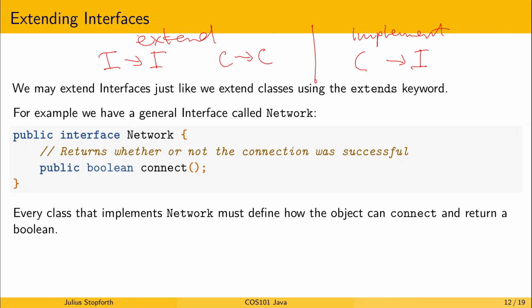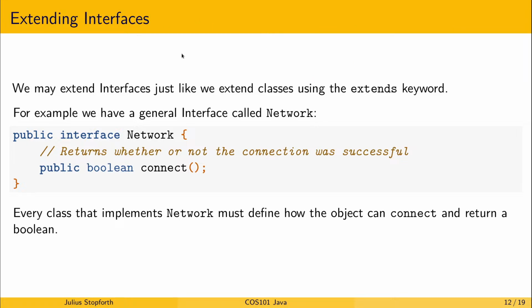Okay, excellent. So with that in mind, we can extend interfaces from a more general interface into a more specific interface. In the exact same way we're thinking about inheritance with classes, we'll extend from a more general interface to a more specific interface. So maybe in general, we have an idea of a network interface. You can imagine a network, right?